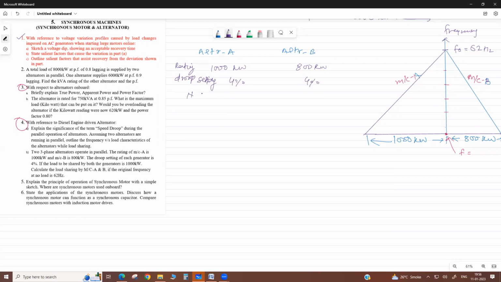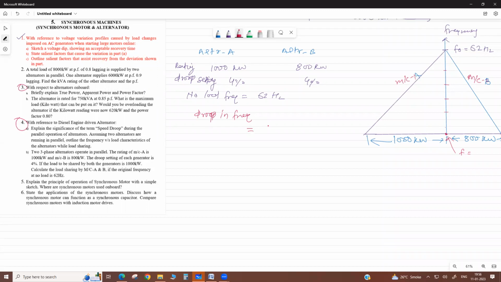Then no load frequency is given as 62 hertz. Suppose. Then we can calculate. This droop means percentage speed regulation of frequency. It is given. Then what is the total drop in frequency?